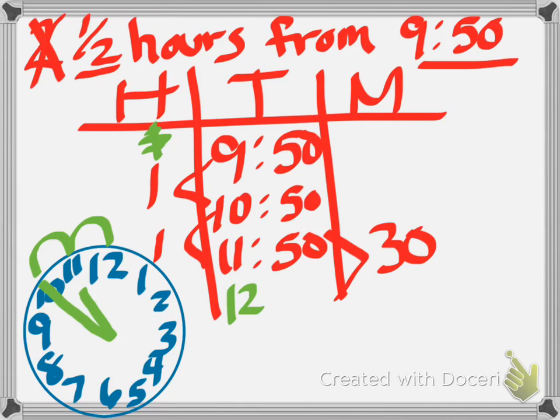So that's 5, 10, 15, 20, 25, 30. And how many minutes is that? 12:20 is 2.5 hours from 9:50.